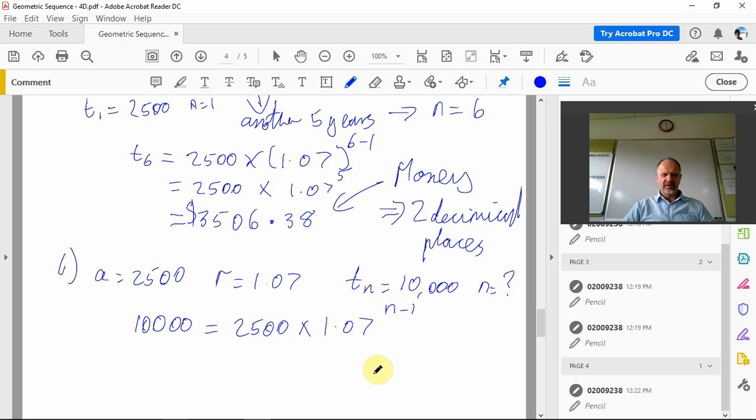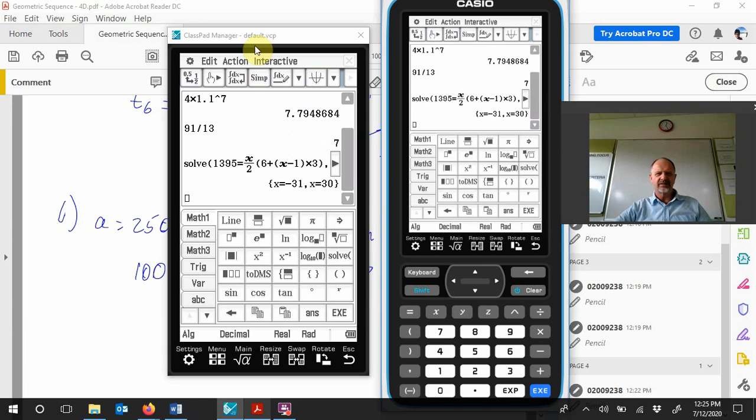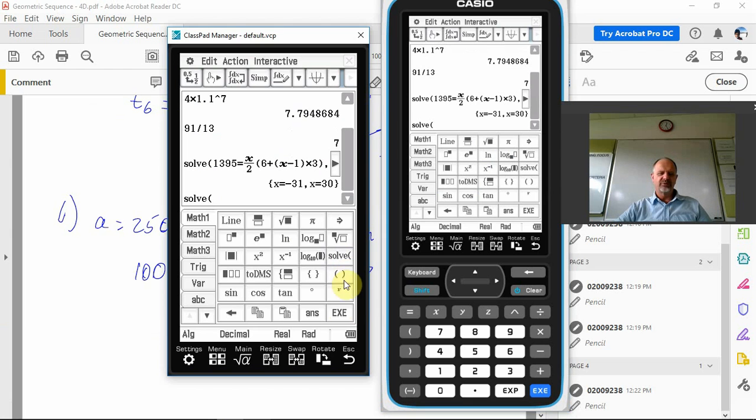All right, so again, this is going to be a calculator job. So let's go calculator again. Here it is. Solve. What are we solving? We're solving 10,000 equals 2,500 times 1.07 to the power of. Now you'll have to put this in bracket just to make sure. X minus 1.